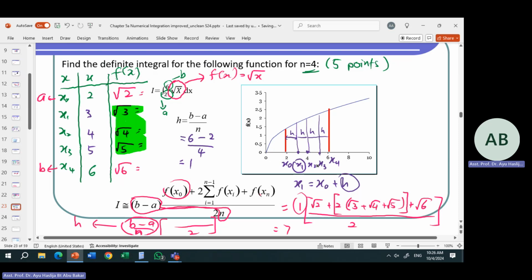Okay, so here roughly you will get 7.9. So what is value?